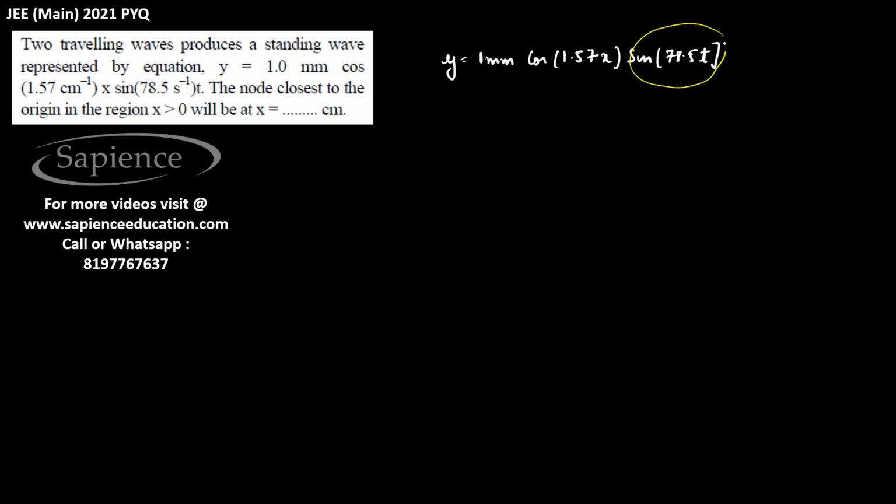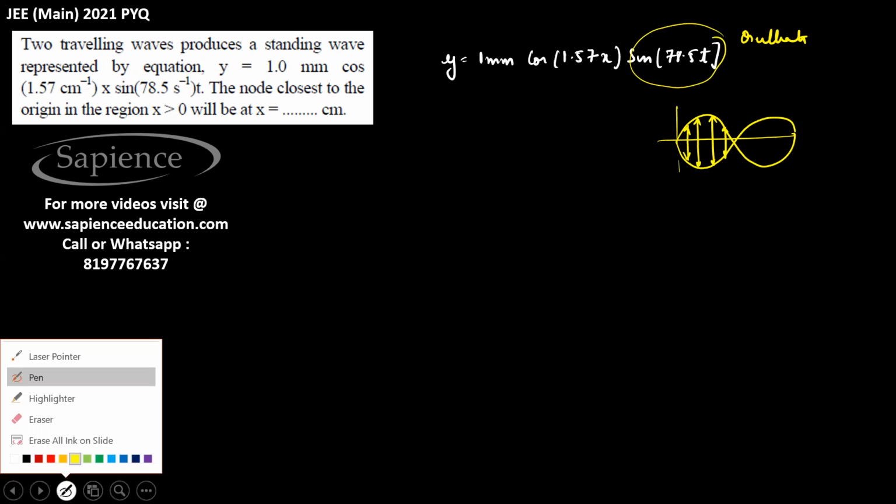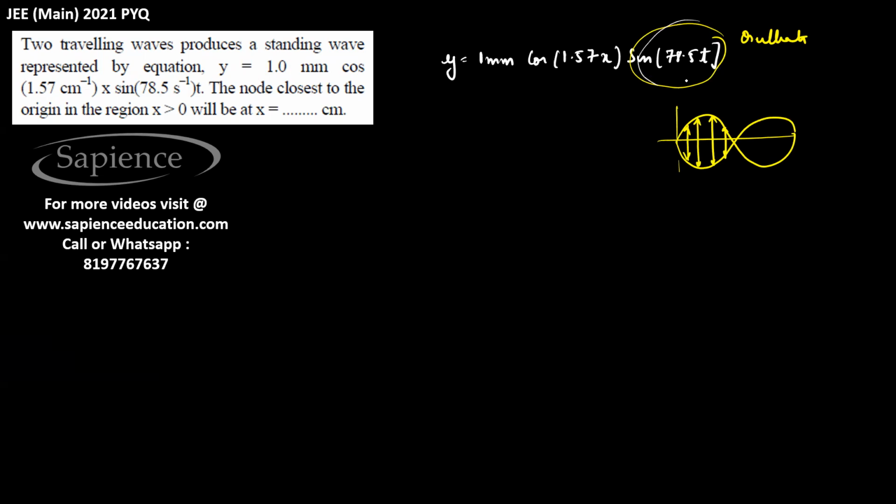This represents an oscillating function, oscillating with respect to time. In a standing wave, each and every particle is oscillating with the same frequency up and down. So this sine omega t represents the oscillation part, while the rest represents the amplitude of the standing wave.